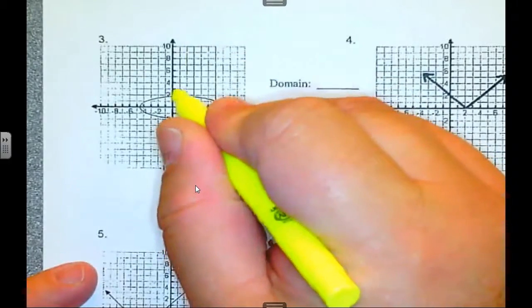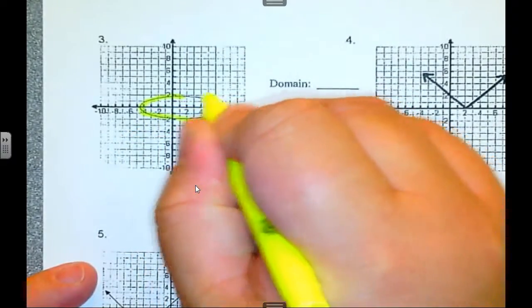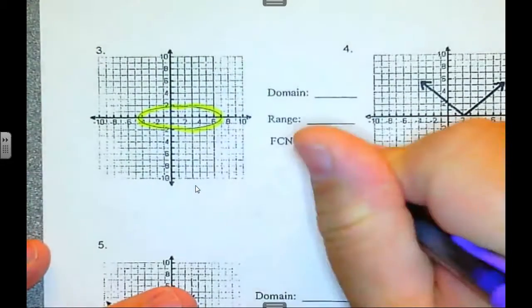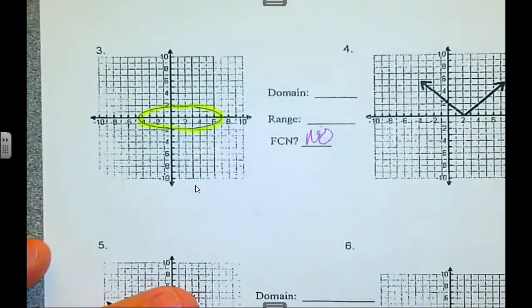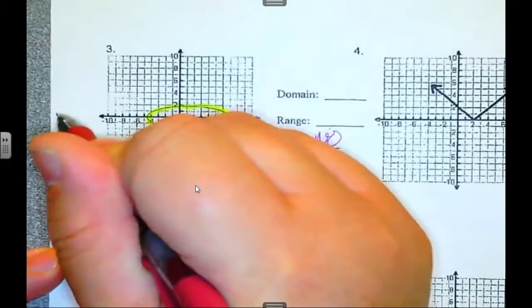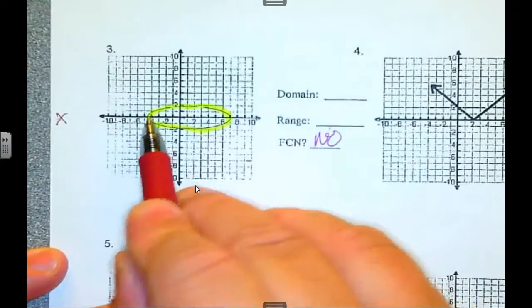Here's my graph. That one intersects at more than one spot, so it is not a function. What's my domain? Okay, so would that mean it would be at like -4? Yeah, maybe a little bit more than -4.